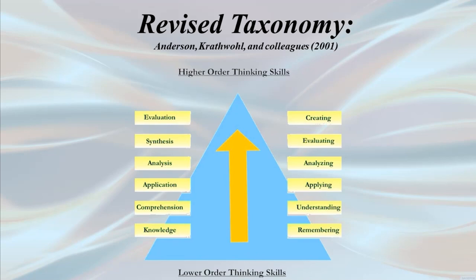Knowledge was changed to remember, comprehension became understand, and apply, analyze, evaluate didn't change, and synthesis was named create, and the create level is at the top of the revised taxonomy, above evaluate, because creation involves innovation and needs higher order thinking compared to evaluation.